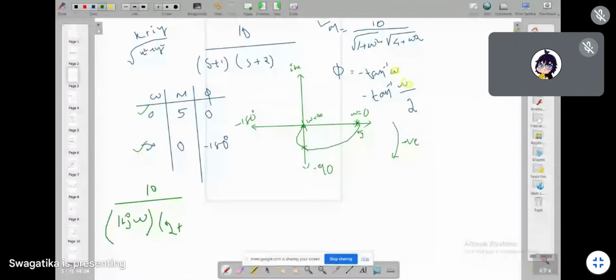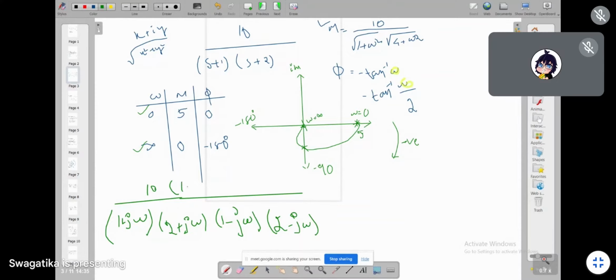Now I have to rationalize this by multiplying 1 minus j omega and 2 minus j omega in denominator and numerator. Correct or not? Yes, ma'am.